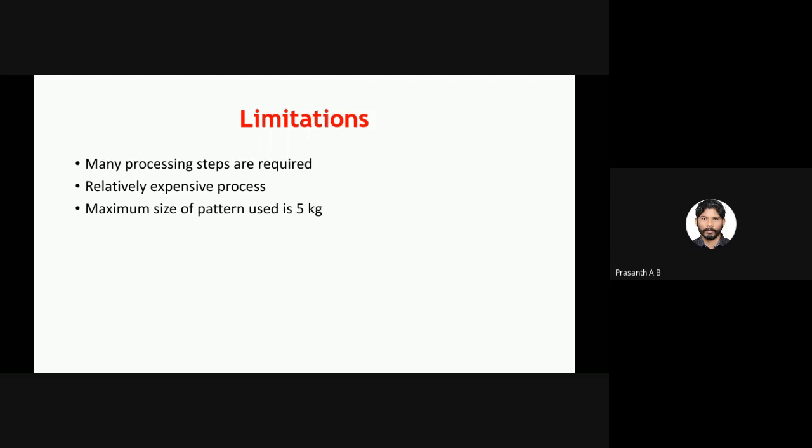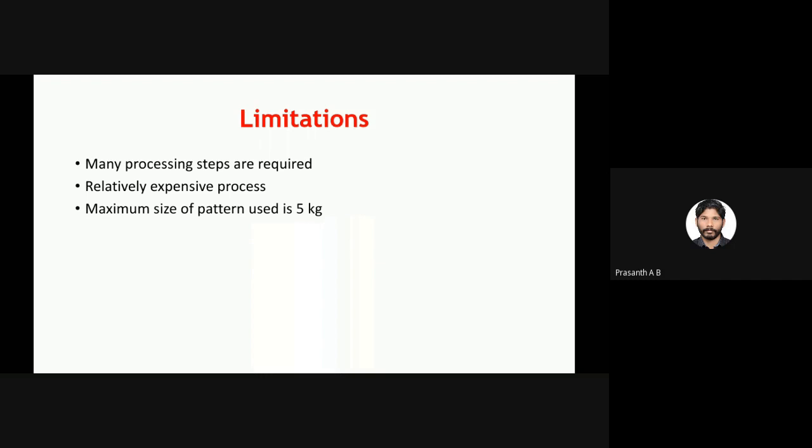Then moving on to the applications of investment casting. Traditionally, it was used by jewelers for making jewelry, ornaments, statues, and it is also used for making surgical equipment. And nowadays, it is used to make blades, vanes for gas turbines, and impellers for turbochargers.